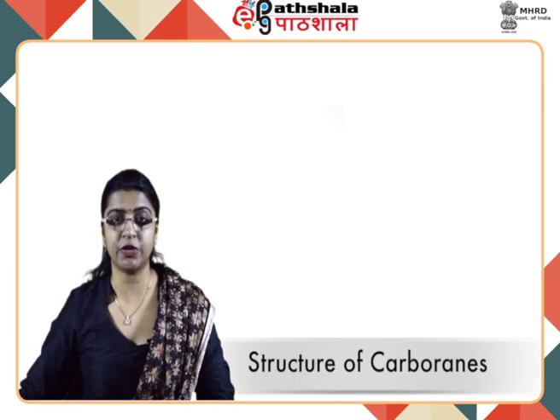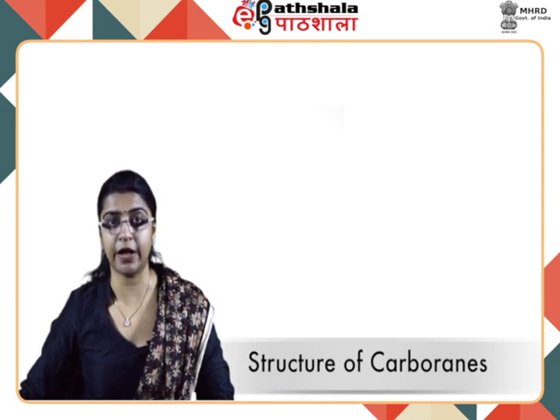Now let us look at the structure of carboranes. A carborane is a cluster composed of boron, carbon, and hydrogen atoms. Like many of the related boranes, these clusters are polyhedra and are similarly classified as closo, nido, arachno, hypo, etc. based on whether they represent a complete polyhedron or a polyhedron that is missing one or two or more vertices.